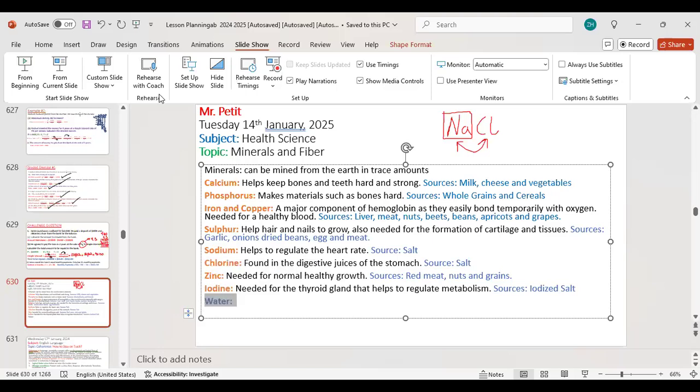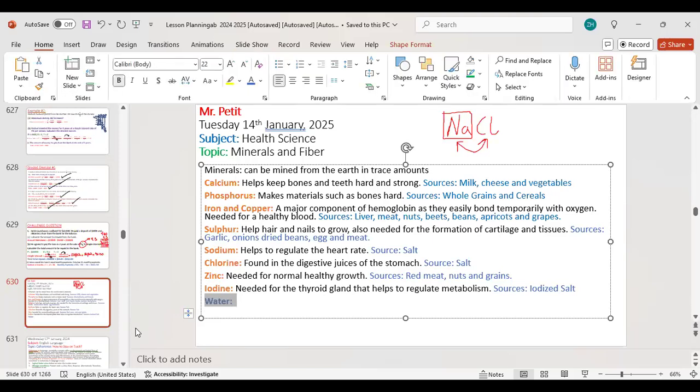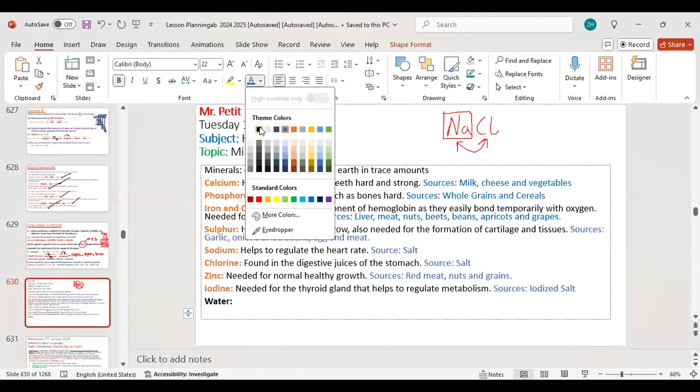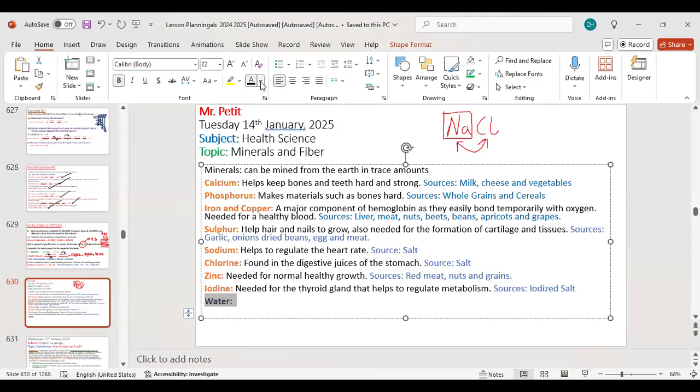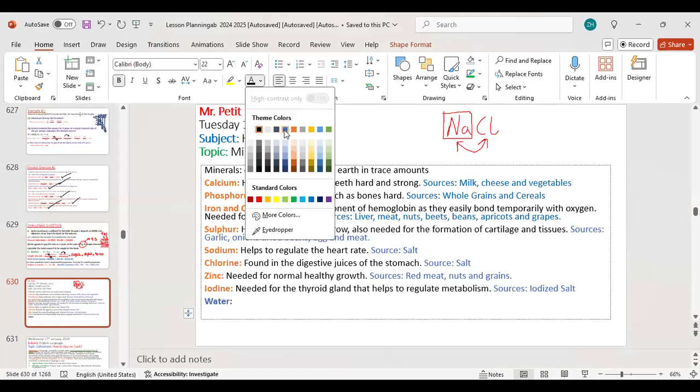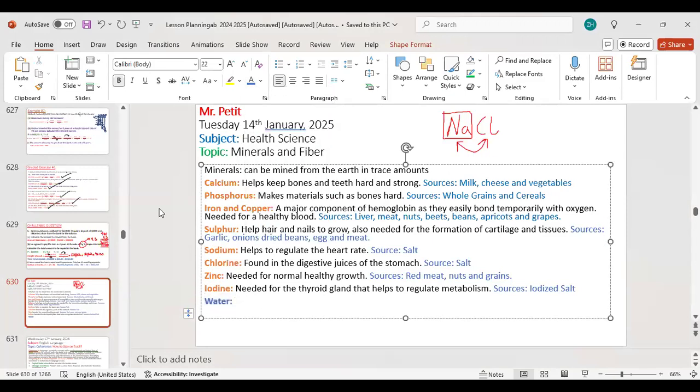Mr. Bitty, question. If our body has 60% water, why do we still need more water? Yes, you still need water because water is important for cleansing, and it helps to satisfy thirst.